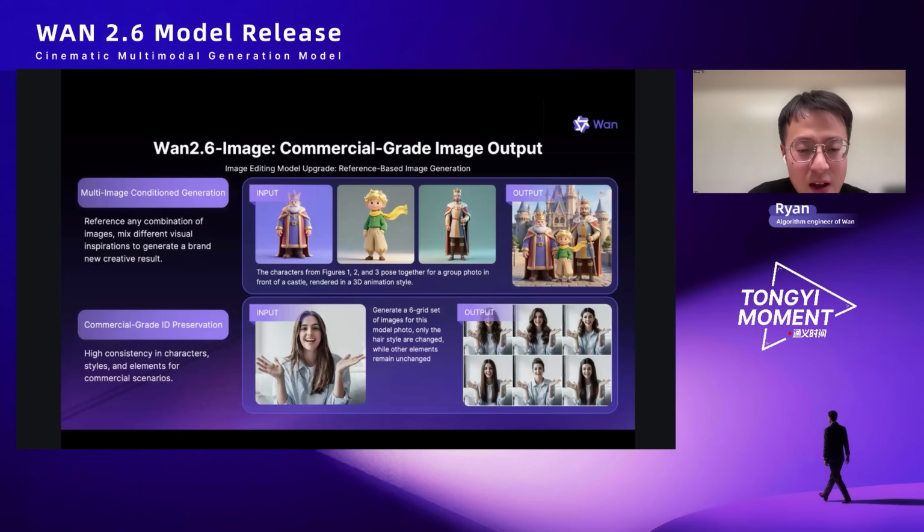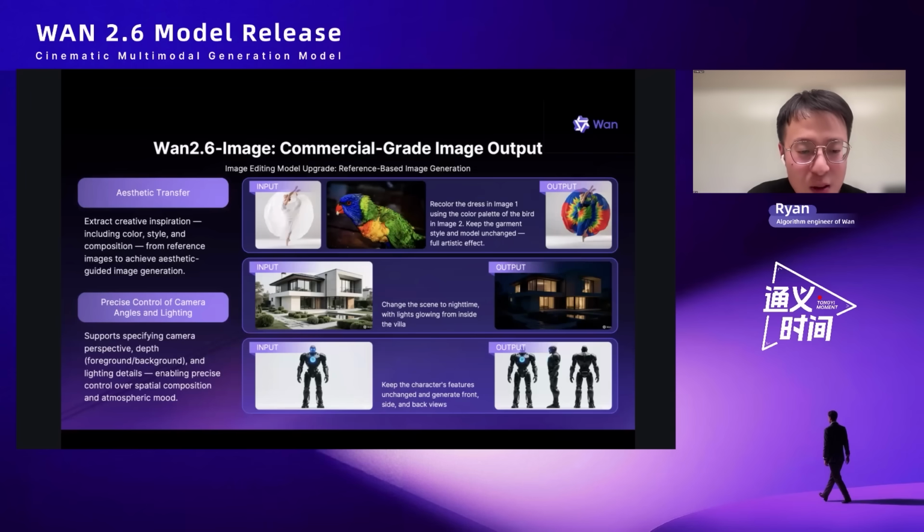So our model can handle this kind of request. At the same time, the model can understand more abstract aesthetic signals in the original image. It can extract creation inspiration, including the color, style, and composition from reference images to achieve aesthetic transfer in image generation.